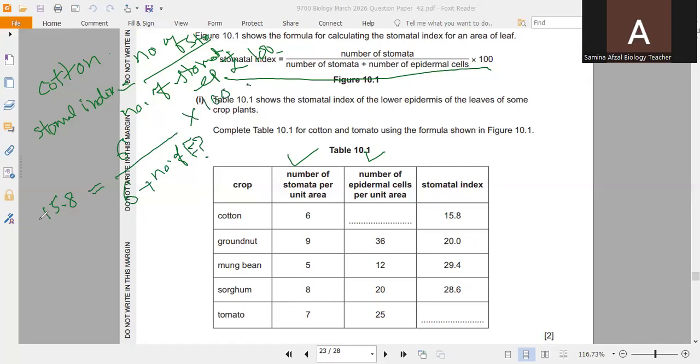According to the mathematical calculation, we do cross multiplication.